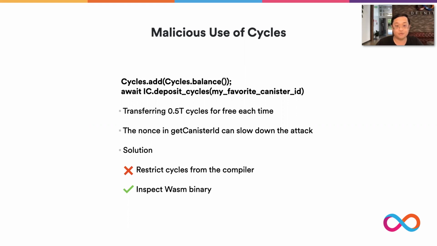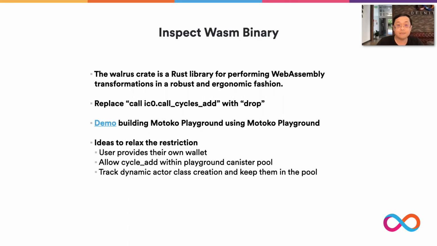So the real solution should be that we inspect this behavior at the WebAssembly level. The way we do this is there's this nice Rust library called Walrus, which can perform WebAssembly transformations in a robust and ergonomic way.